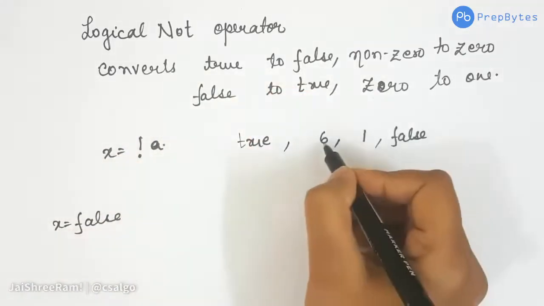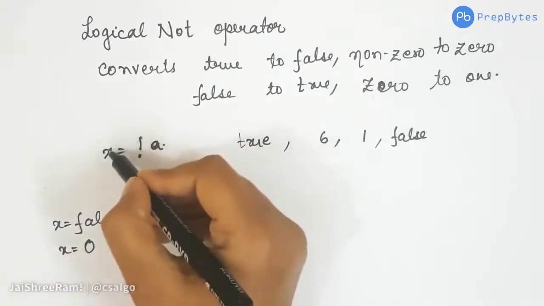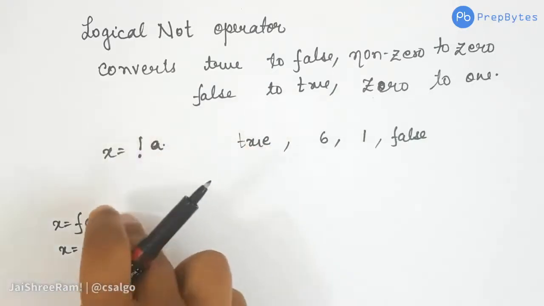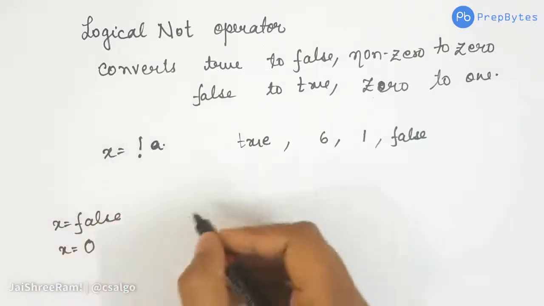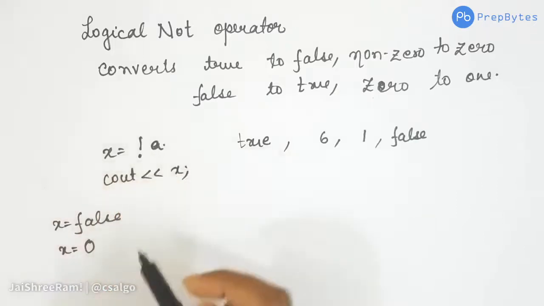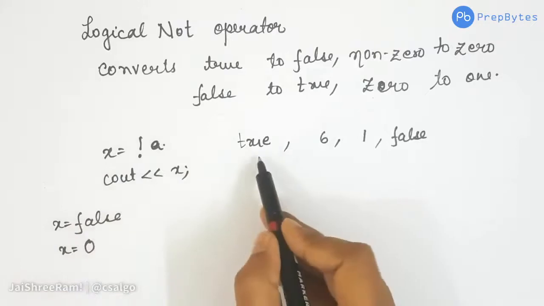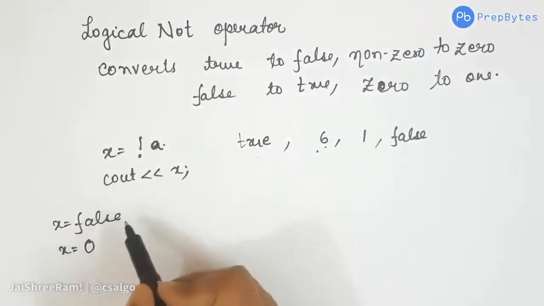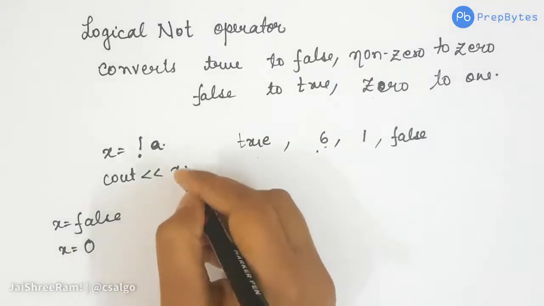If A is 6, we get the value of x as 0 after this operation. Even if I print false, it will get printed as an integer only. So if I write something like cout x, the result is going to be 0 in both cases, because false gets mapped to 0 and gets printed here.